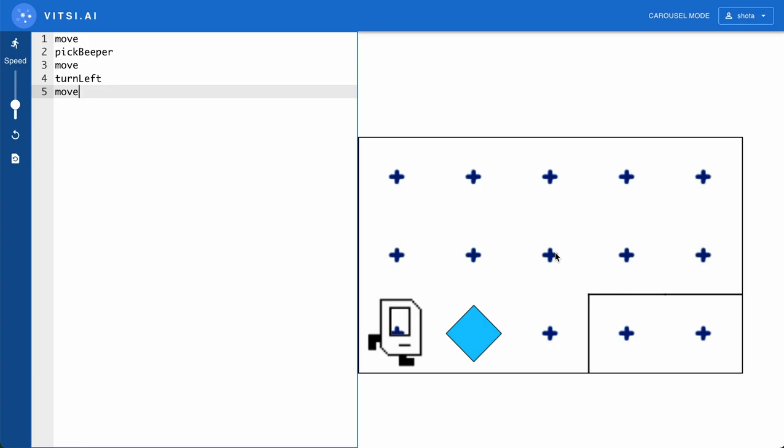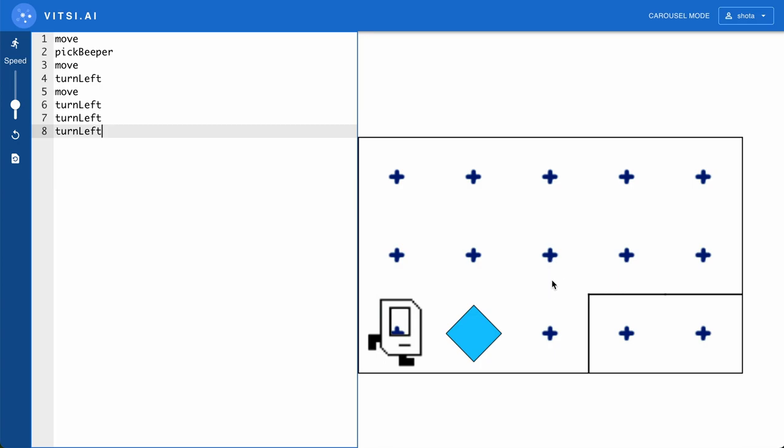And ideally, we would have it turn right, but Karel doesn't have that command. So what we could do instead is to instruct Karel to turn left 3 times, right? So turning left 3 times will be like Karel was facing north, and it will be facing this direction.